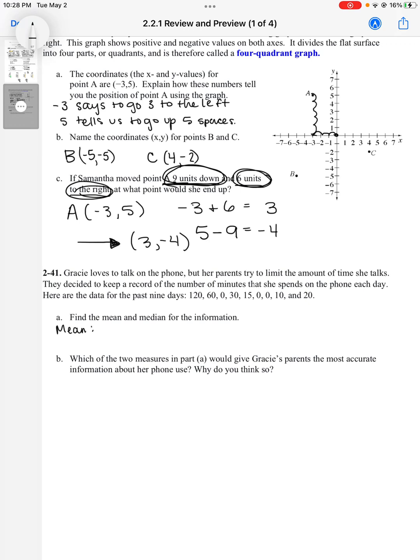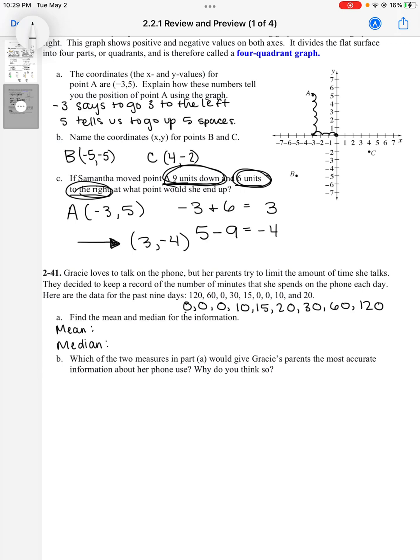So I'm going to write down mean and median. First thing I'm going to do is rewrite the numbers from least to greatest. So I have, there's 3 zeros. And then 10, 15, 20, 30, 60, and 120.